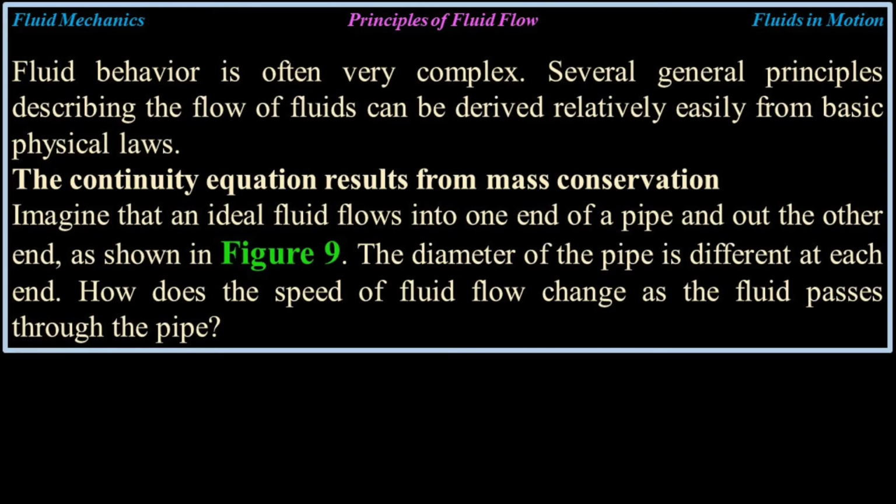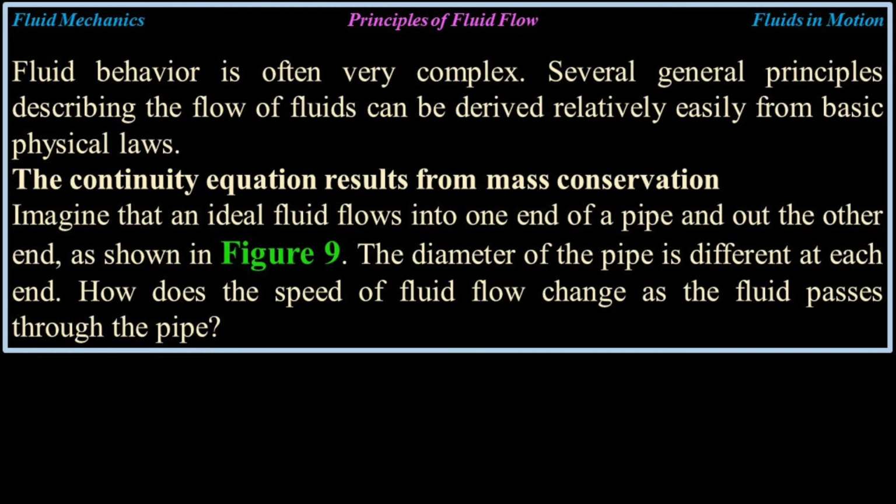Fluid behavior is often very complex. Several general principles describing the flow of fluids can be derived relatively easily from basic physical laws. The continuity equation results from mass conservation. Imagine that an ideal fluid flows into one end of a pipe and out the other end, as shown in figure 9.